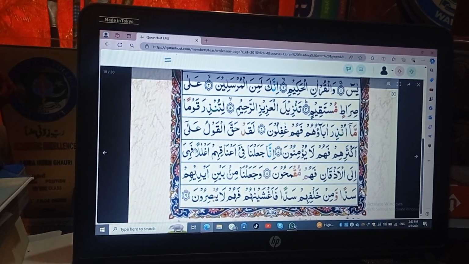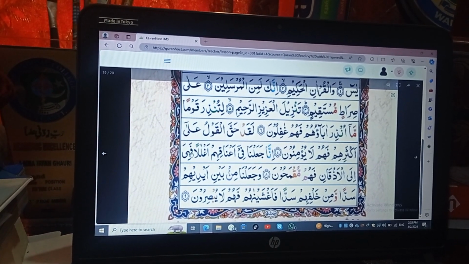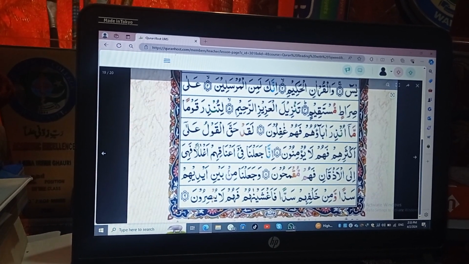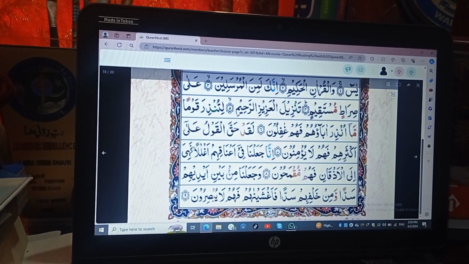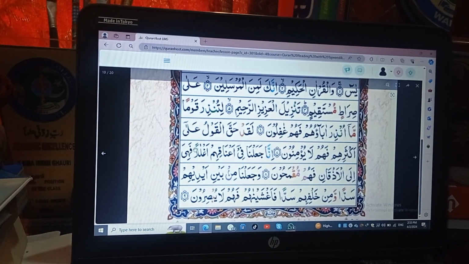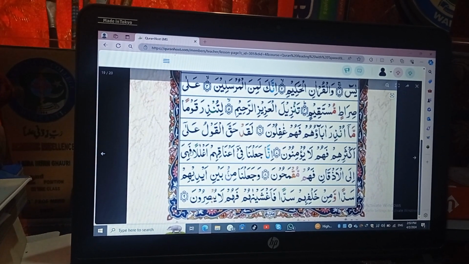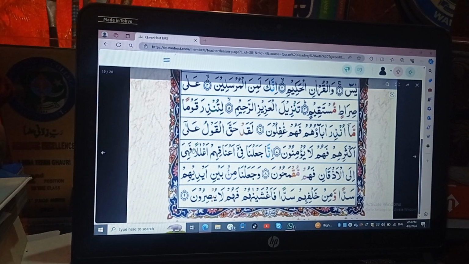So you can see that fa is present, and fa is an ikhfa letter which is preceded by tanween here. Then I have to follow the rule of ikhfa, or concealment. Conceal means to hide. So in this rule, I have to conceal the sound of noon sakin or tanween, and we don't have to produce the n sound of noon. Rather, we have to make the nasal sound here.